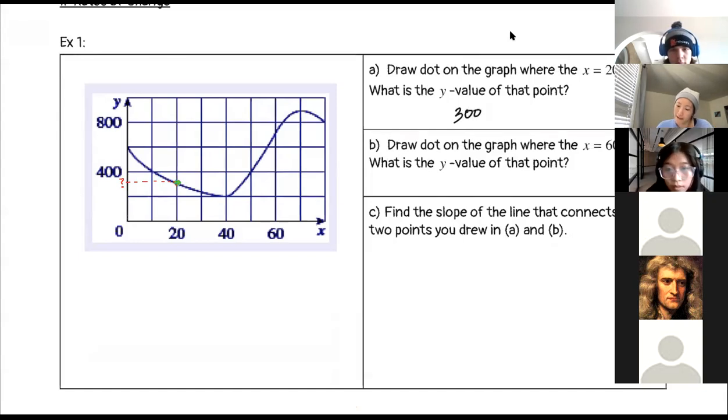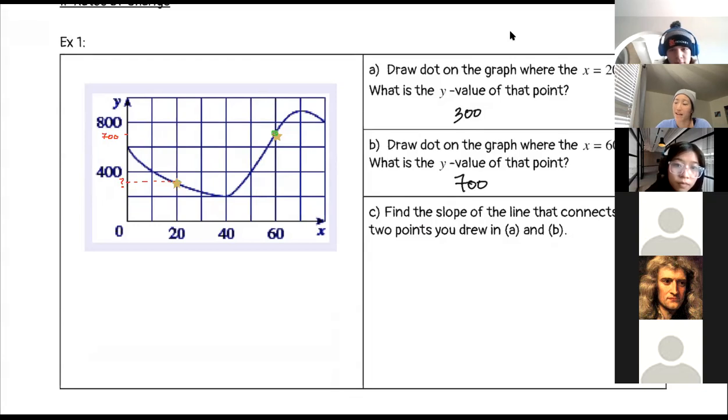What about part B? Draw a dot on the graph where the x value is 60, and what is the y value of that point? Yep, I agree. So we've got about 700, give or take.